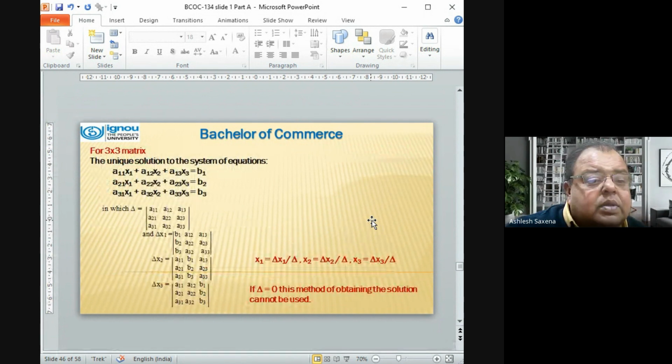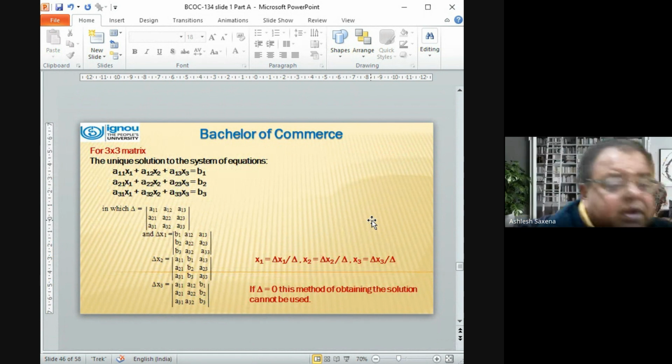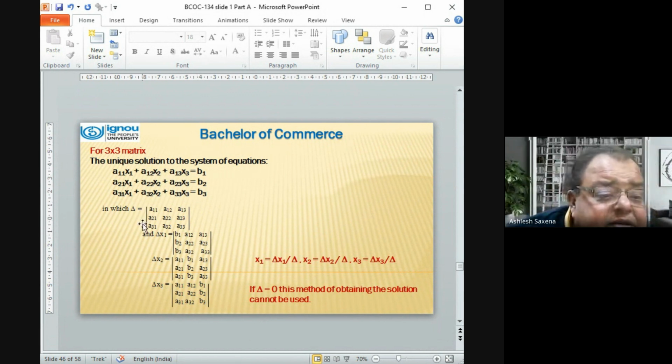For a 3 by 3 matrix, take up the elements A11, A12, A13, A21, A22, A23, A31, A32, A33. One part is completed now. For delta x1, replace all the elements of x, these coefficients, by b1, b2, b3. Similarly, remove the y column and place b1, b2, b3.